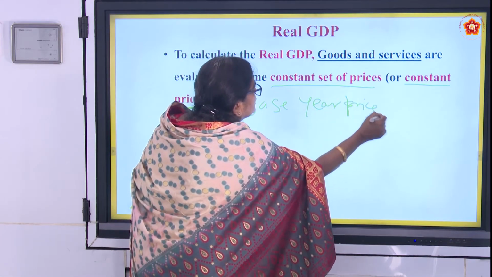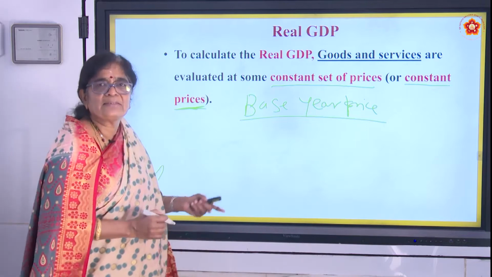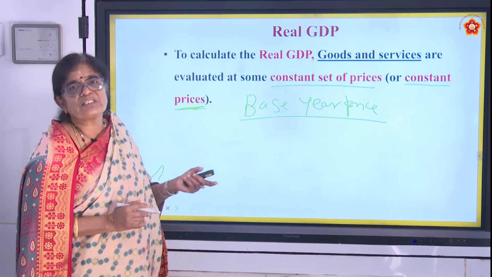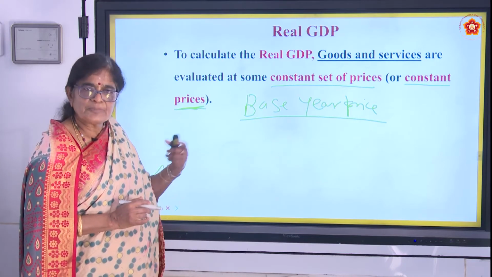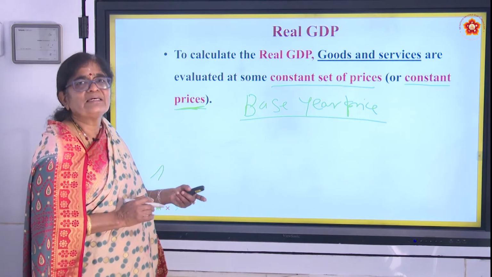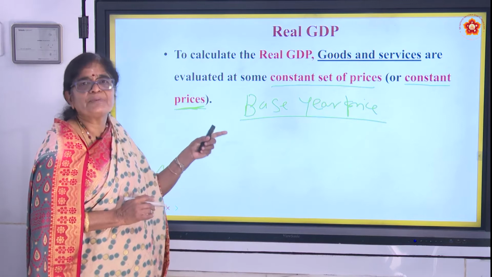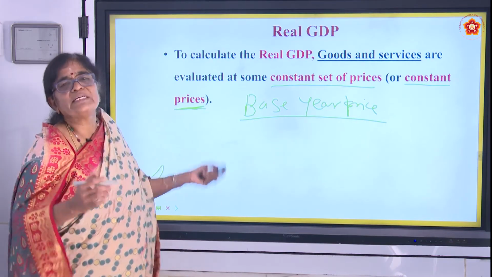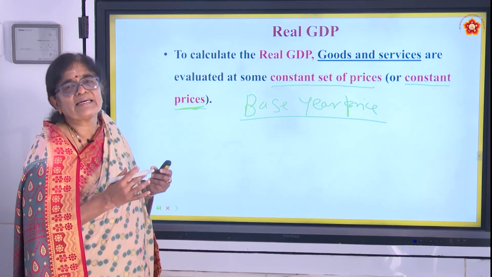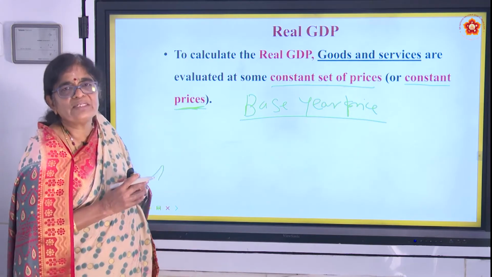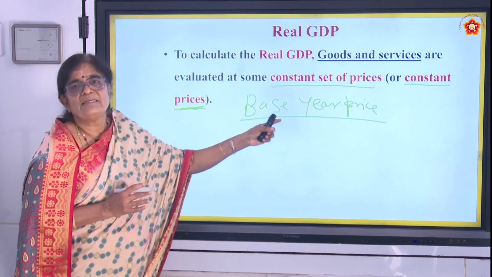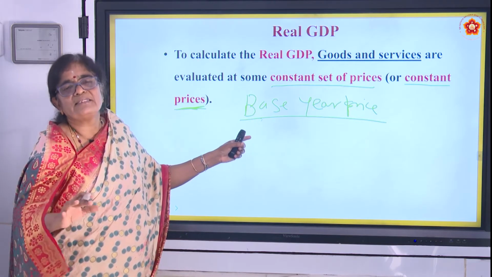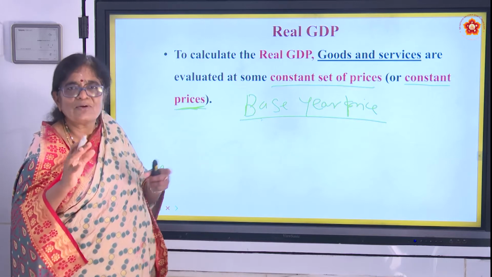This base year price is determined by experts, experts of the Reserve Bank of India, the Ministry of Finance, all the economic experts. They observe the changes in prices over the years, take a basket of commodities and set the base year, and based on it the successive years' GDP is calculated.